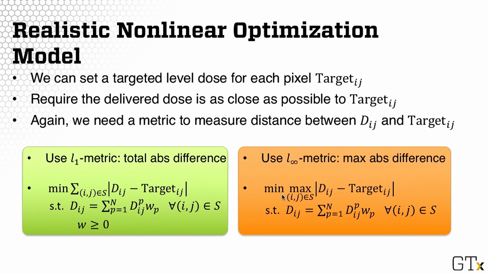So we want to minimize the maximum error. Whereas in the first case, essentially we're minimizing the total error, or equivalently the average error. So this second metric is called the L infinity metric. The name doesn't matter, but here we have a minimization of a maximum. So both problems are nonlinear. How do we reformulate them as a linear programming model?